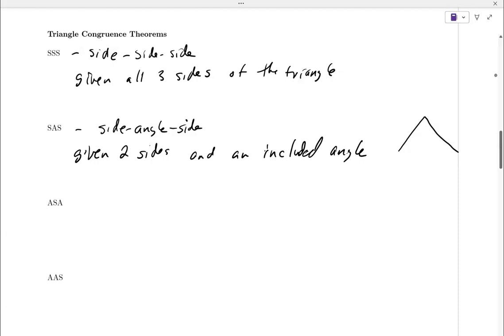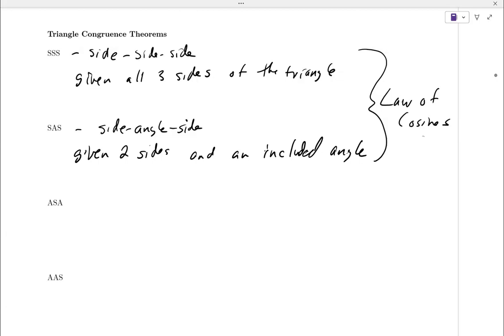Because if I have side 1 and side 2 and this angle, I need to know what this opposite side is, or I need to know what this angle is, to be able to use law of sines, right? So neither of these are good for law of sines. These two are going to be the law of cosines, which we'll talk about next week. Those two require law of cosines, and we'll talk about how we do those next week, okay?